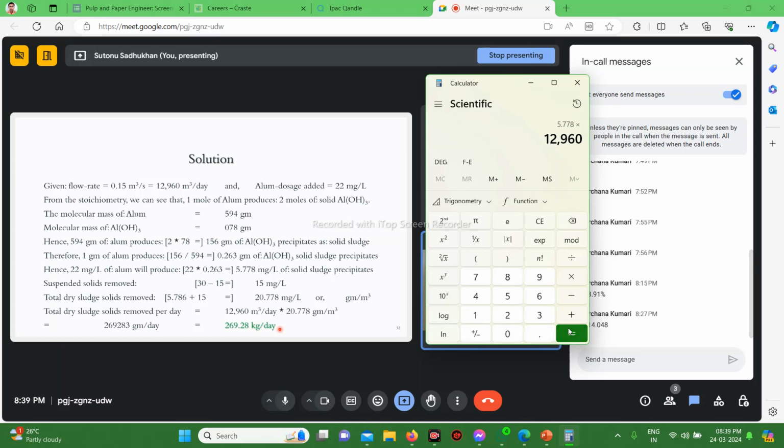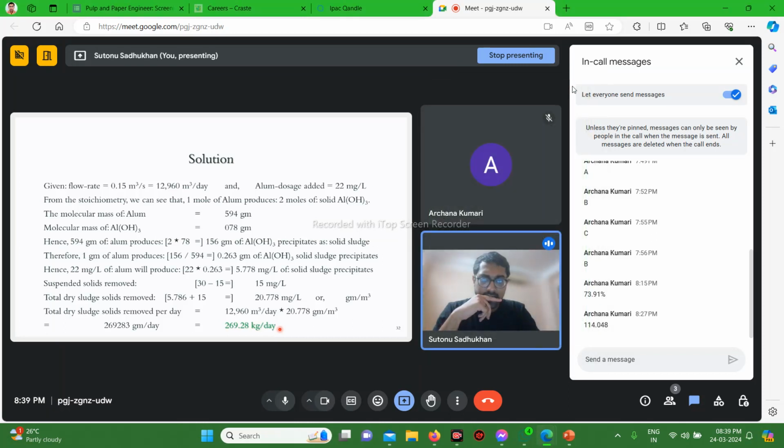What is the result? 74882 gram. If it is converted into kg, it will be this one into 2. How did you arrive at this answer?